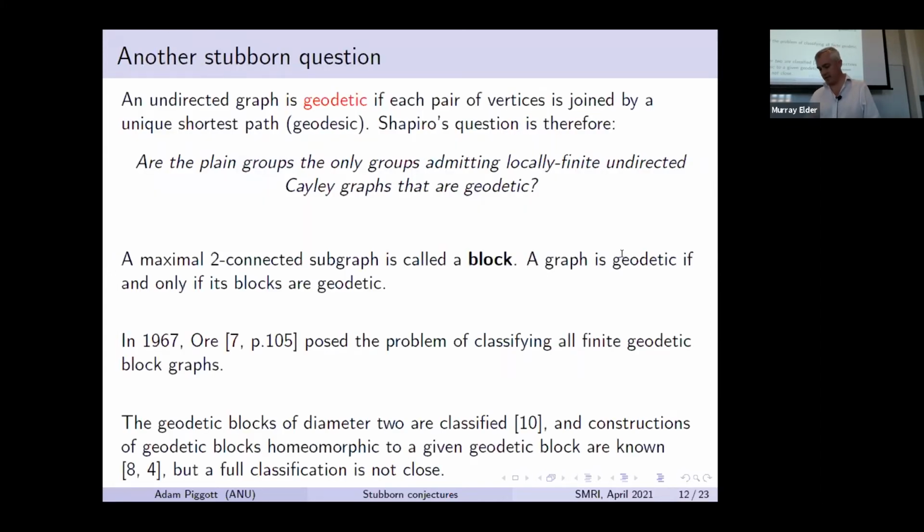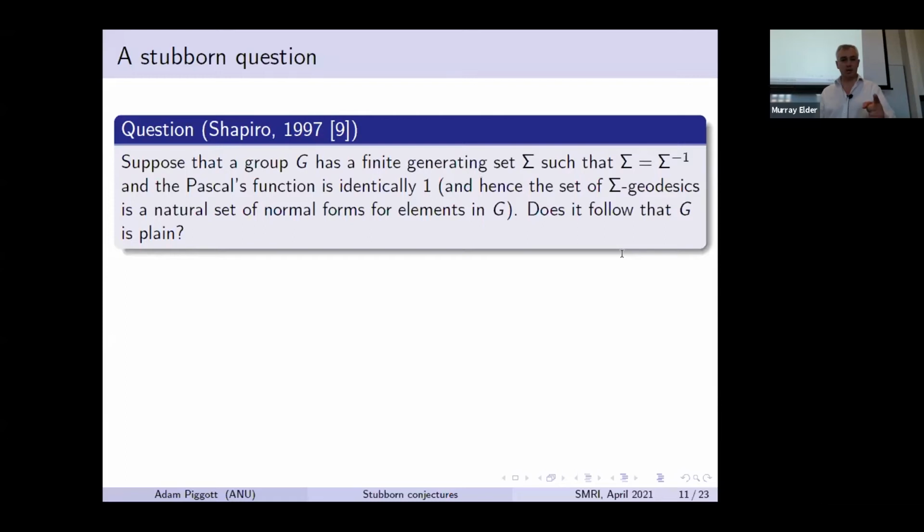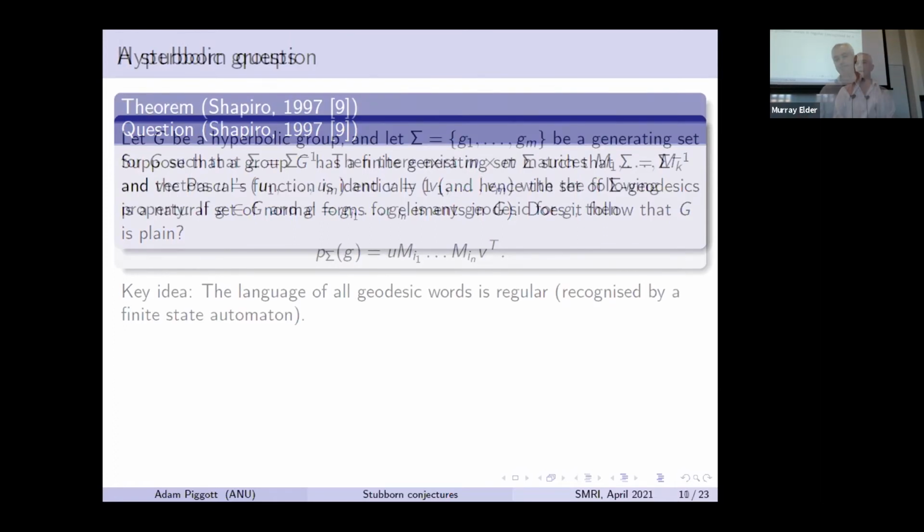So that's the first stubborn question. Why is it a stubborn question? Because it was posed in 1997, and here we are in 2021, and we don't have an answer to the question. And it's not because people don't want to know the answer. It's just stubborn. It's hard to get into.